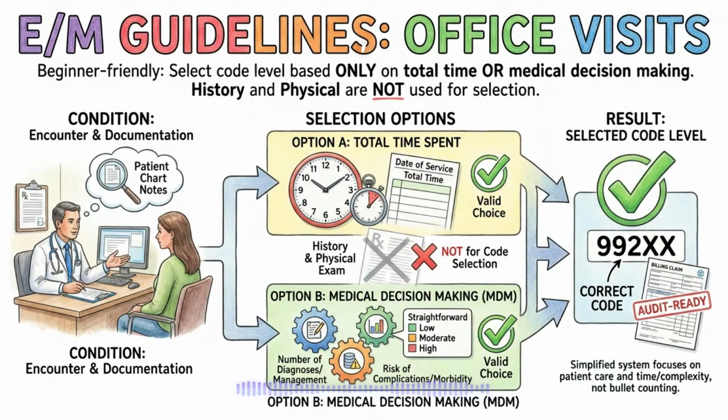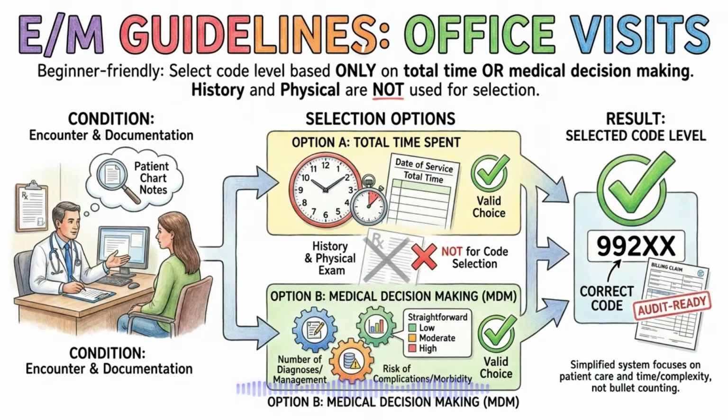The history and physical examination are no longer used to determine the final code level, although they must still be documented if clinically appropriate. This simplified system allows physicians to focus more on patient care and less on counting bullet points in their clinical notes. For the exam, you must be comfortable leveling a visit using either time or medical decision-making depending on what the documentation provides.